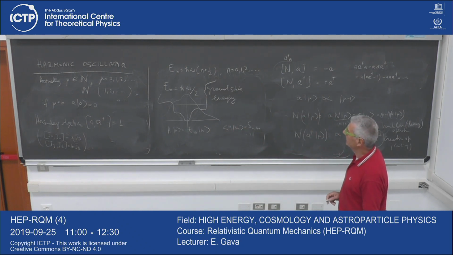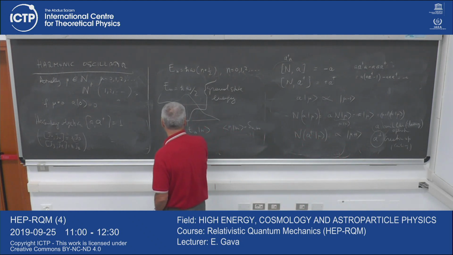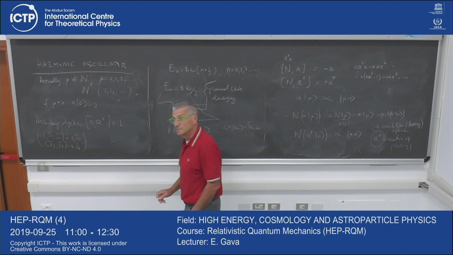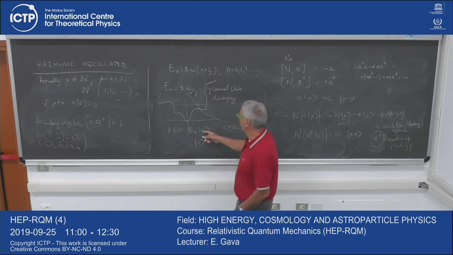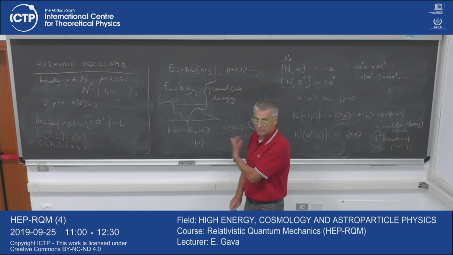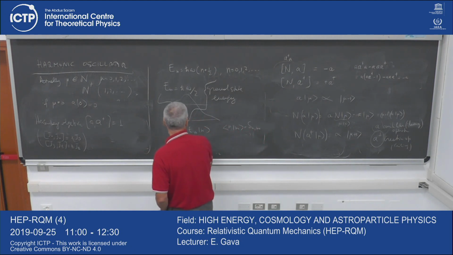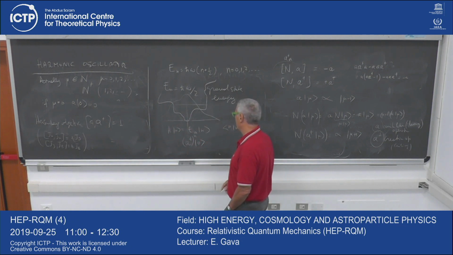And to do that, of course, how do we get this n? Well, we know if we start from the ground state, |0>, we can get level n by applying a dagger, right? So a dagger to the power n on the ground state gives something proportional to |n>.